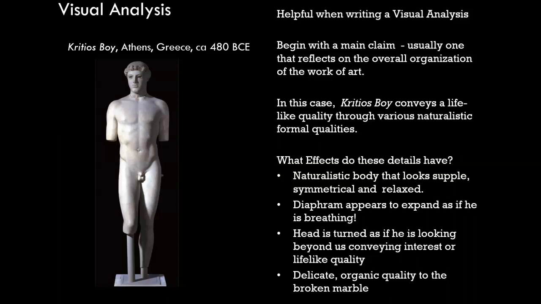And then in a written formal analysis, I would then list my observations that we can see below. Naturalistic body that looks supple, symmetrical, and relaxed, a diaphragm that appears to expand as if the figure is breathing, a head that is turned as if he is looking beyond us, conveying interest or lifelike quality, and a delicate organic quality to the broken material that conveys a sense of lifelikeness.